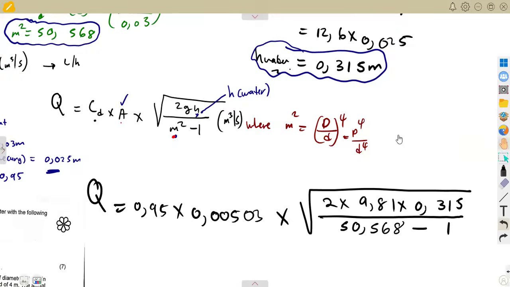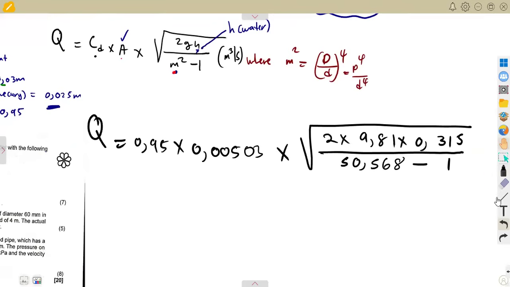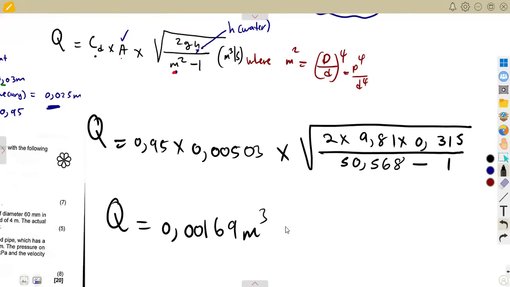So with this, we are going to have the delivery in what? Cubic meters per second. So the delivery of water we were going to obtain is something like 0.00169 cubic meters per second. So these are the units that we are having.